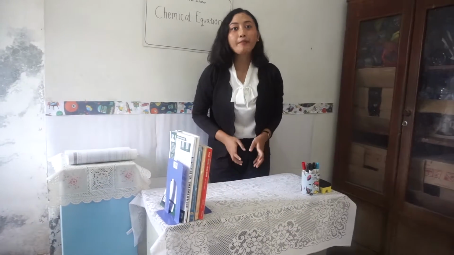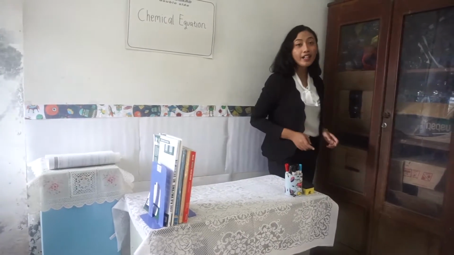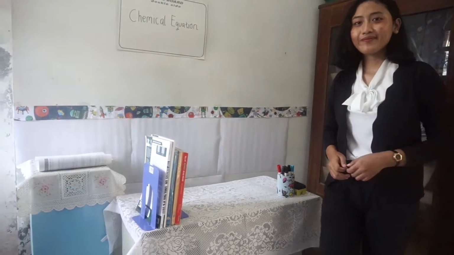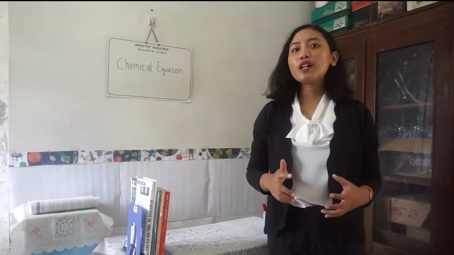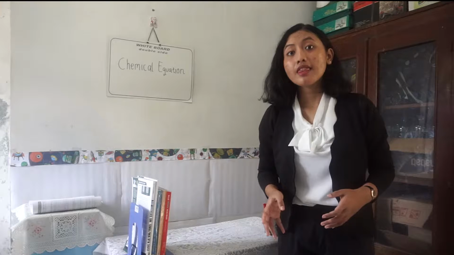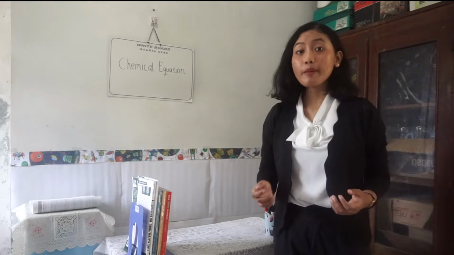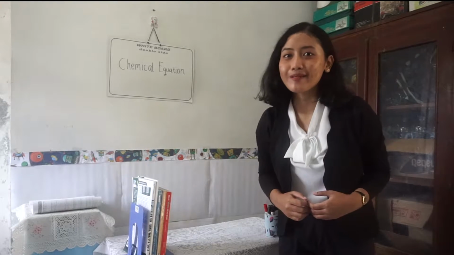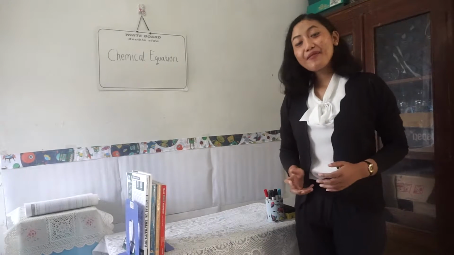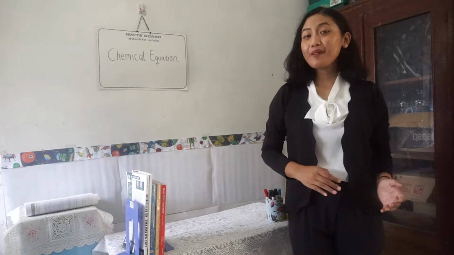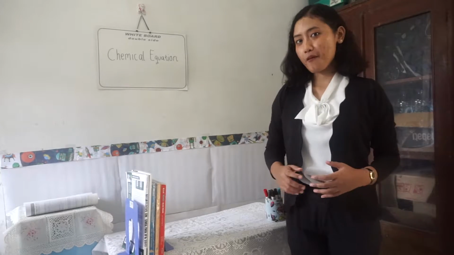Chemical reaction can be represented using chemical equation. Chemists need to be able to write and interpret the chemical equation to solve problems related to the chemical reaction. For example, writing a chemical equation helps chemists to predict the products that are formed.